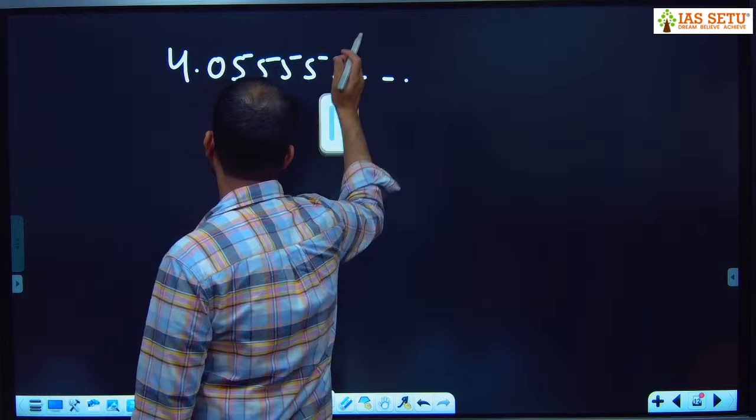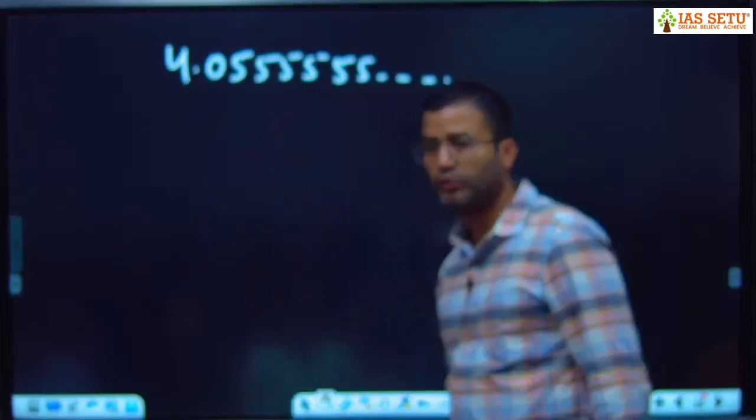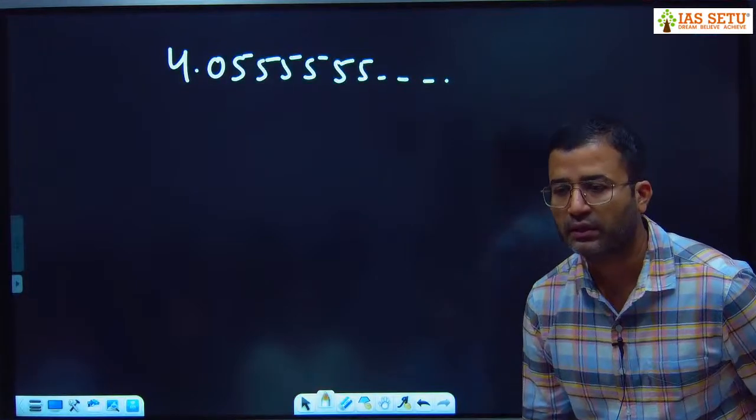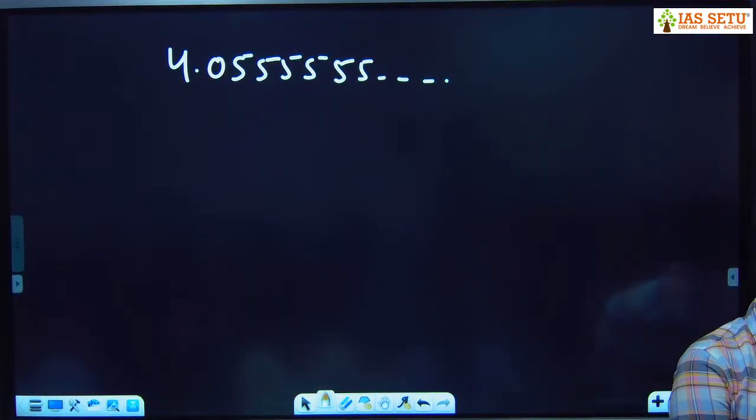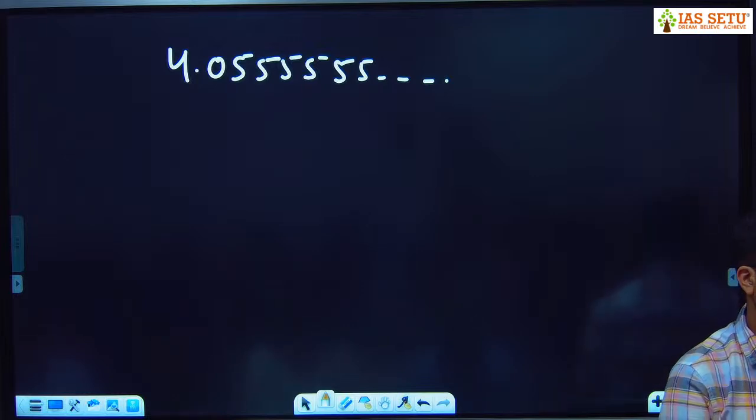I don't know why some students make mistakes in this particular question. Try. Some students make a mistake in this. 4.0555555. Give the answer after simplifying.